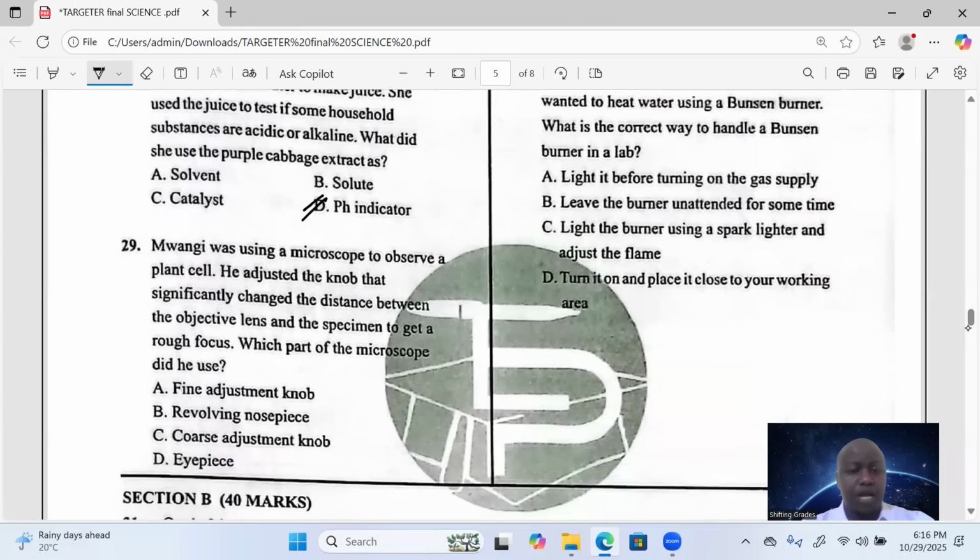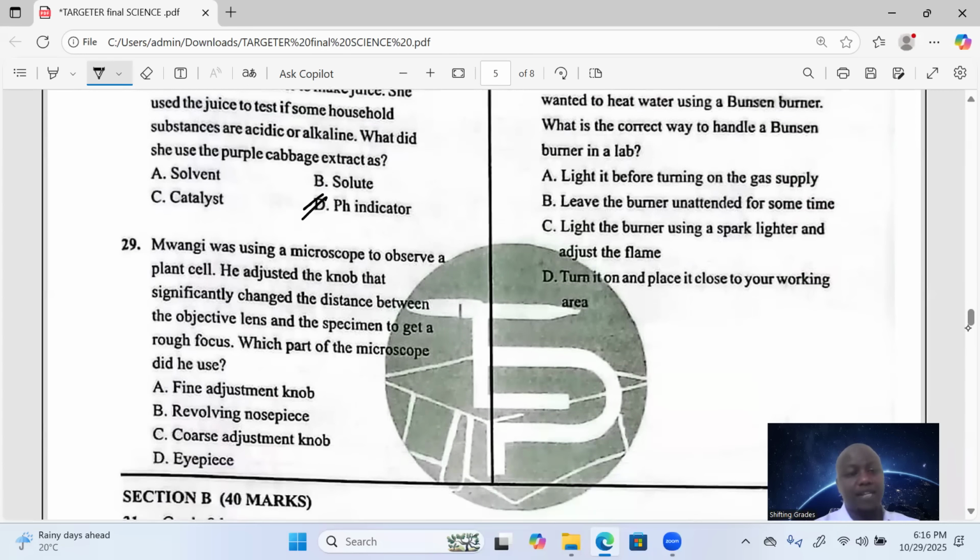Monkey was using a microscope to observe a plant cell. Now he adjusted the knob that significantly changed the distance between the objective lens and the specimen to get a rough focus.